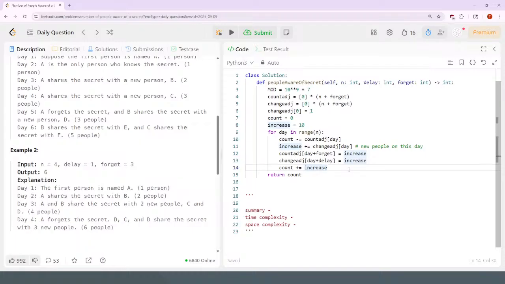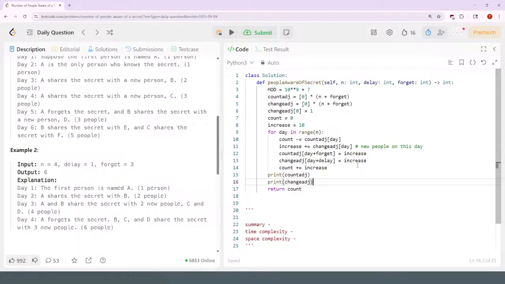Alright, let me go ahead and print out the count adjust and the change adjust. Oh yeah. Count adjust decreases the count for that day on the day that they forget, and they also need to change the change adjust that day.